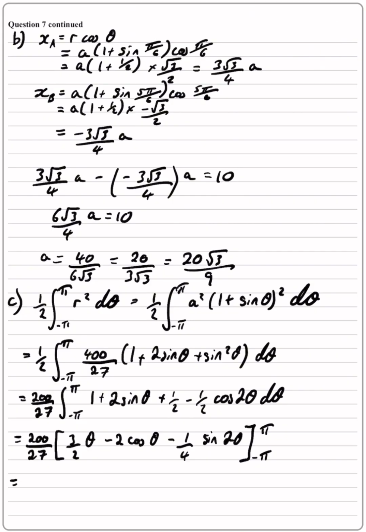Substituting those into the integral, I'll leave the 200 over 27 at the front, so 3 over 2 lots of pi. Then cos of pi is minus 1, so add 2. And then plugging negative pi in, we're going to subtract, it's going to be negative 3 over 2 pi plus 2.